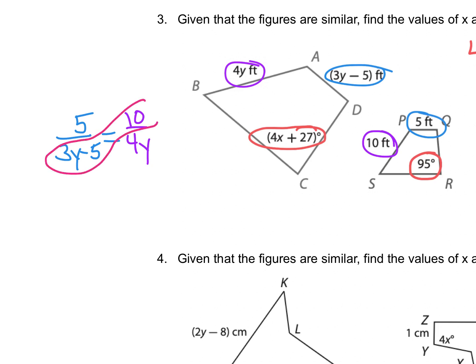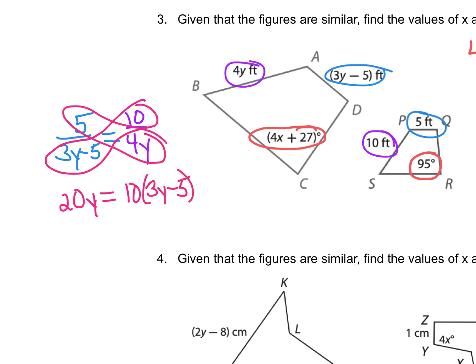So these two times these two. So 5 times 4y is 20y. And then 10 times, I'm going to write this out before I actually do it. So I get 20y equals 30y minus 50.